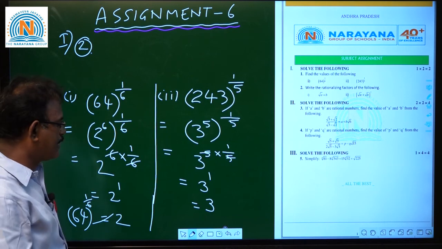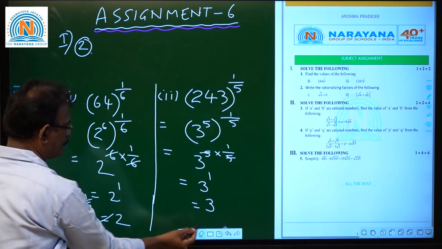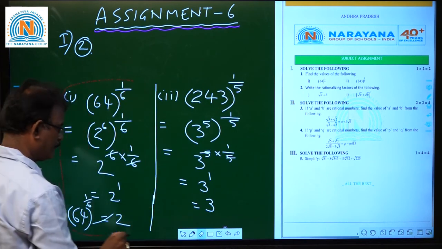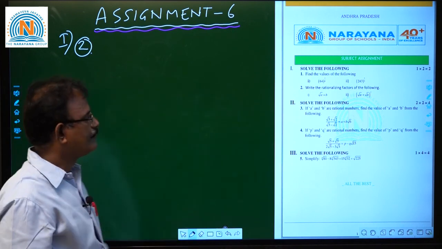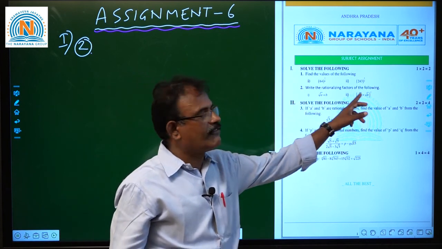First Roman, second question, children: write the rationalizing factors of the following.